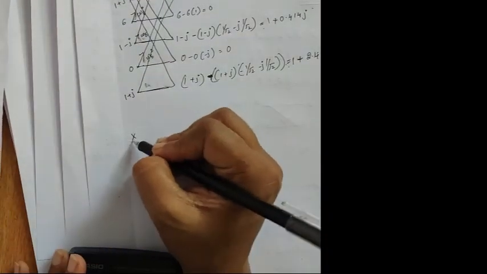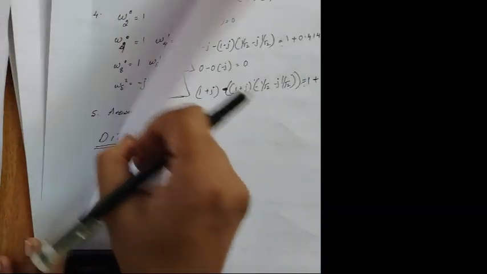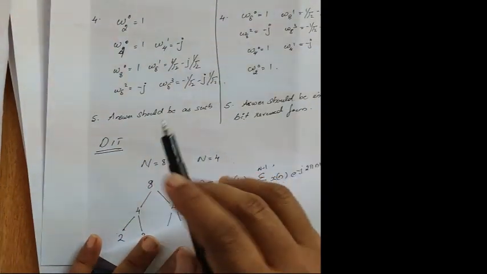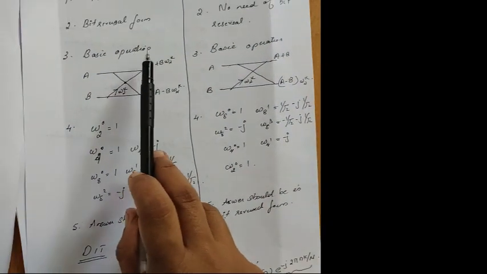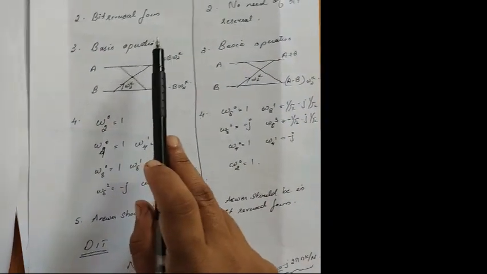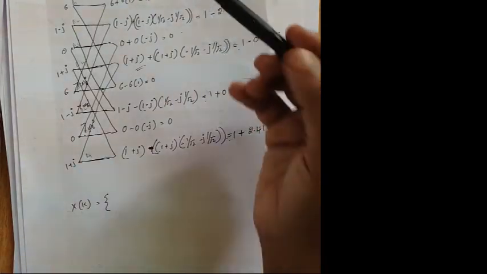And now your final answer X of k is equal to, as you have taken the bit reversal over here in the second operation, second point, the answer should be as such. Whatever you got in your final step, your answer should be like that.